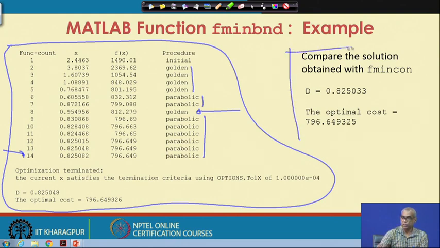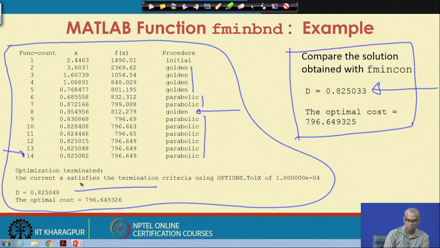In our previous lecture, we solved the same problem using fmincon, and again note that the values that were obtained, they match up to 4 places after decimal.